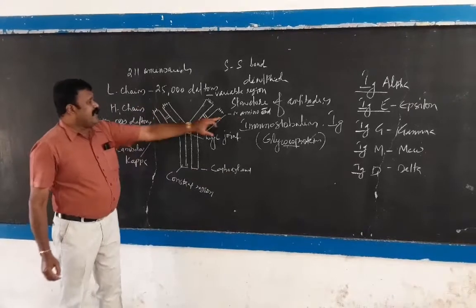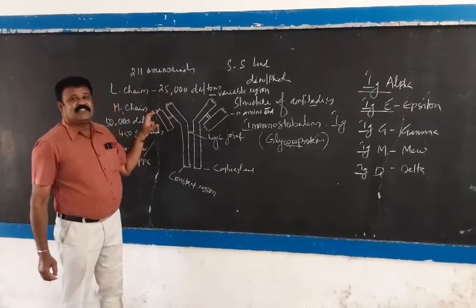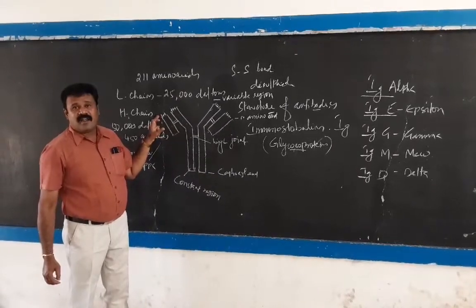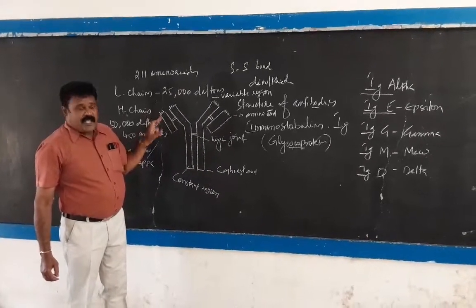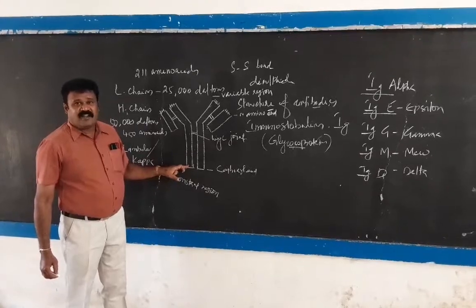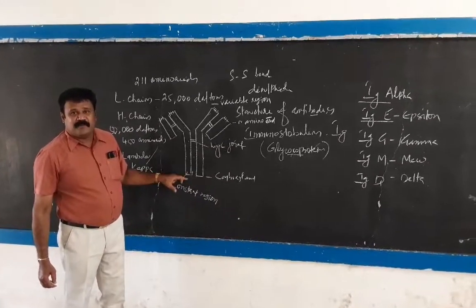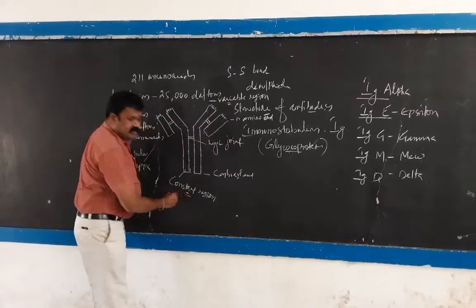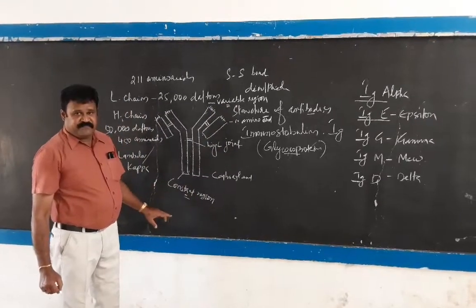The amino acids found in the N-amino end are changeable, but the amino acids present in the carboxyl end are unchangeable. They are permanent. So this region is called the variable region, and this region is called the constant region.